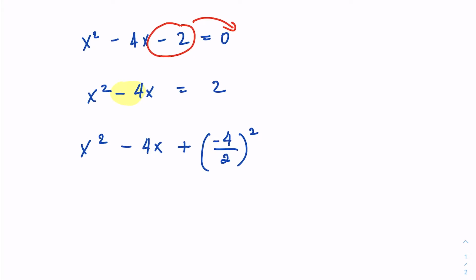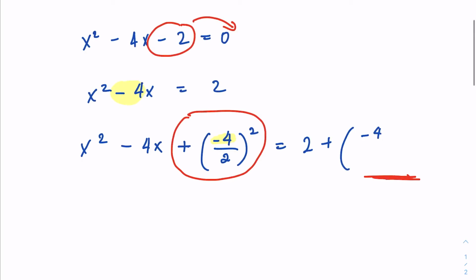So you get the coefficient of the second term, divide by 2 and square. This is a standard method. Since you add minus 4 over 2 squared on the left hand side, you have to add it on the right hand side, which makes it equal. So we have a 2 here, plus minus 4 over 2 squared.